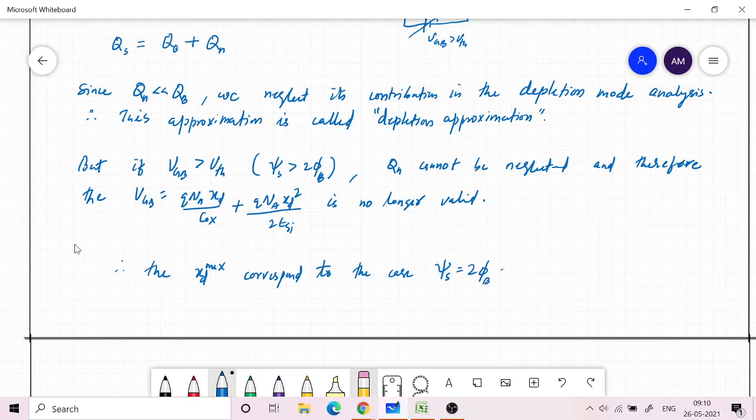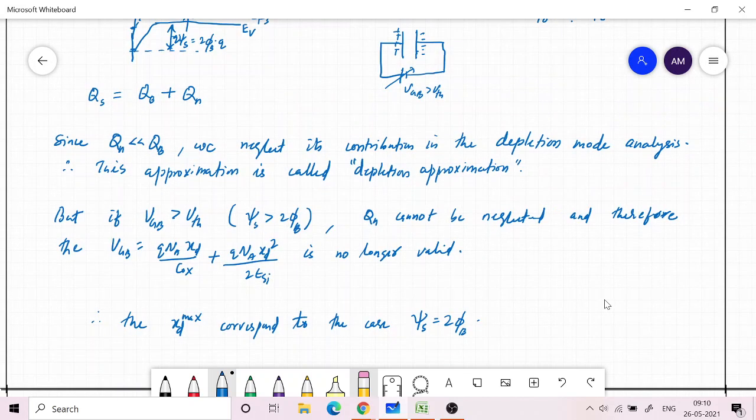I hope by now you understand what XD max is. The maximum depletion region width is that which corresponds to psi s equal to 2 phi b.